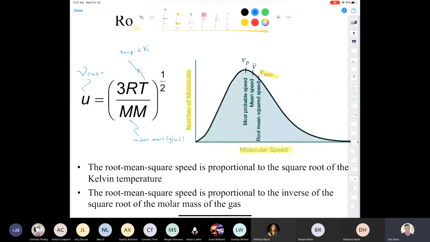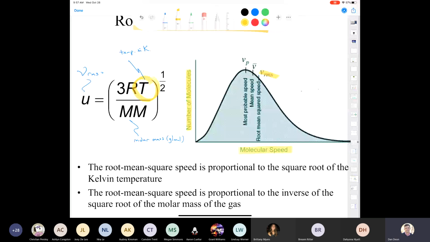So what do we get from this equation? Two major points, summarized here for you. The root mean square speed is proportional to the square root of the Kelvin temperature. Does that make sense? It makes sense to me, because since temperature is in the numerator, as the temperature increases, the gas particles are going to be moving faster.